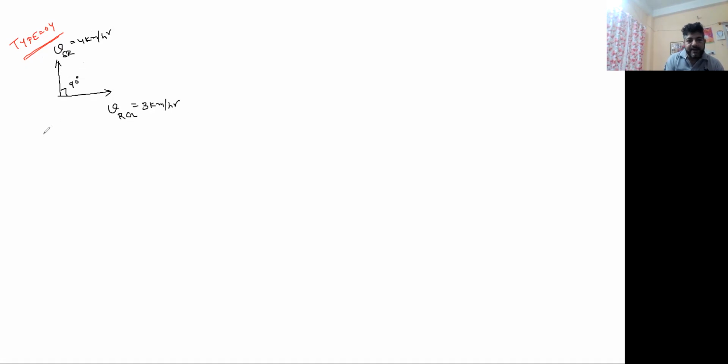It means you have to find the velocity of the swimmer with respect to ground. Is it clear, everyone?